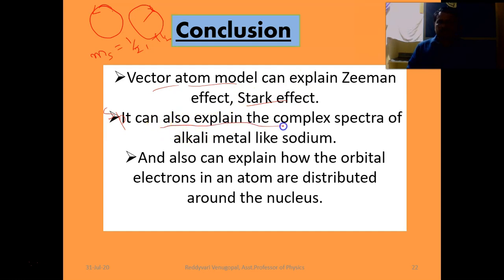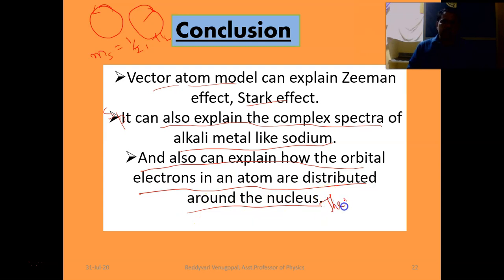It can also explain the complex spectra of alkali metals like sodium, lithium, and so on, and also can explain how the orbital electrons in an atom are distributed around the nucleus. So this is the universal model. The vector atom model explained all the spectral properties and all the properties of the atom. So this is a good model.